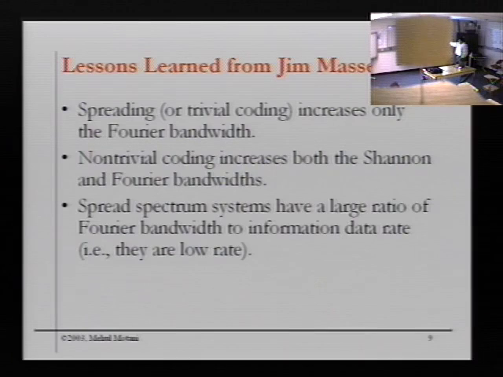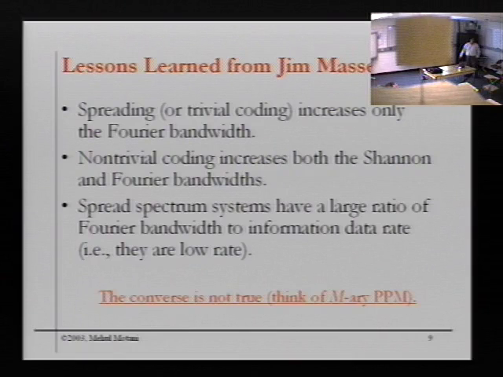And I find this interesting that spread spectrum systems do have a large ratio of bandwidth used to information data rate, but the converse is not true. And the example to think about is M-ary PPM. So you basically want to think about computing the Fourier and Shannon bandwidth and the information data rate, and you'll see that according to this definition, this is not spread spectrum.